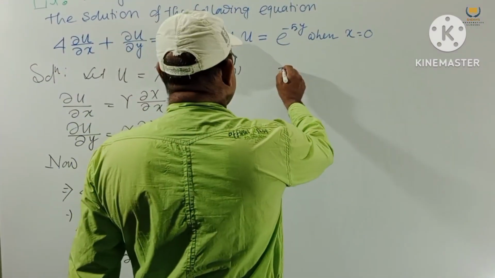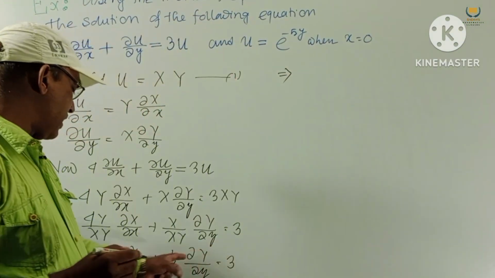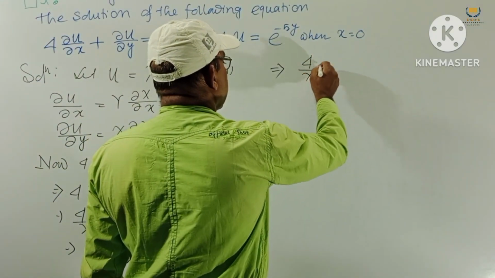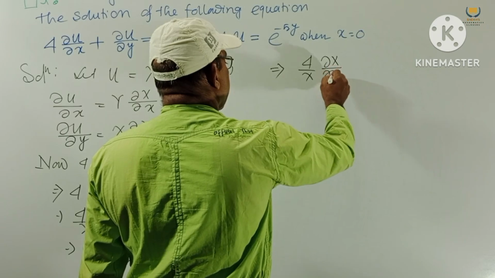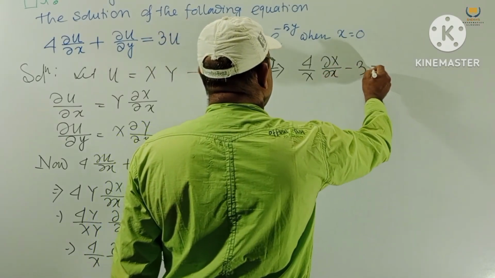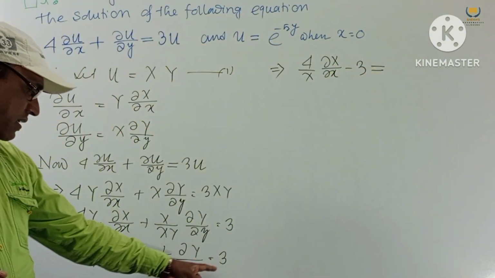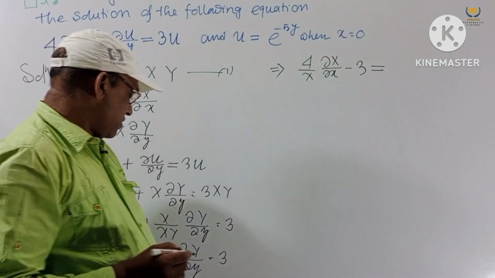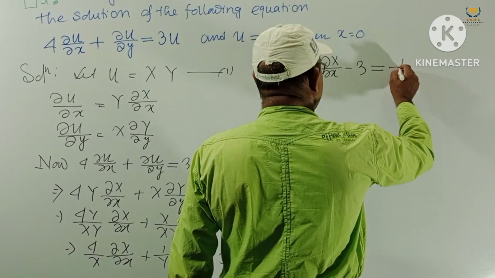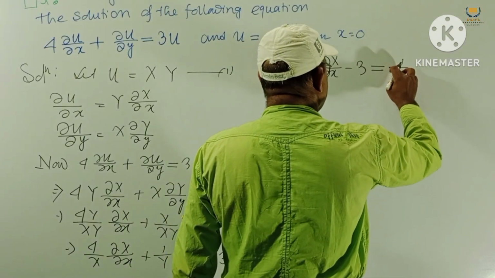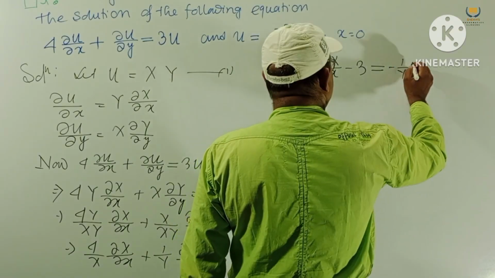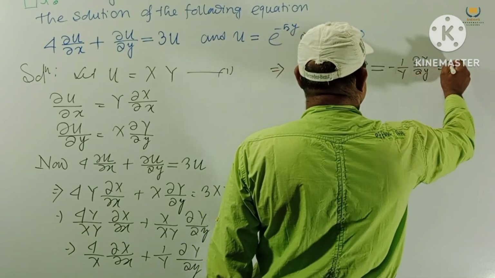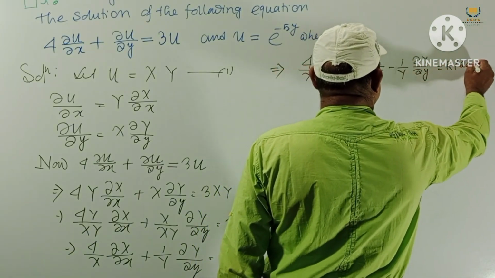Now we take 3 to the left hand side and 1/Y ∂Y/∂y to the right hand side. So 4/X ∂X/∂x - 3 = -1/Y ∂Y/∂y, and this we consider equal to k, say.